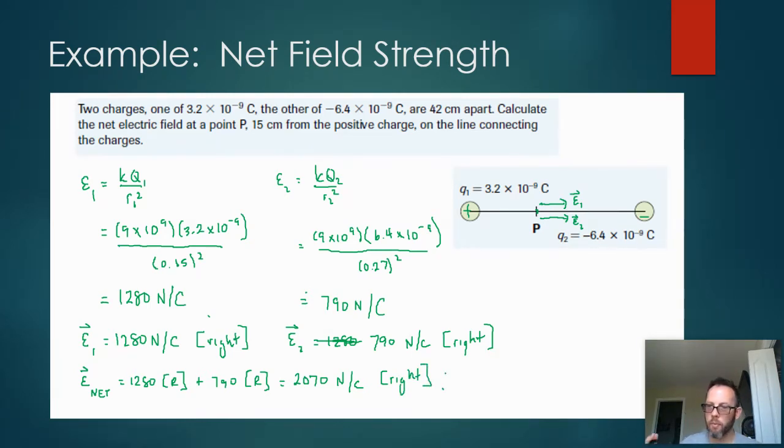So when you have multiple charges, find the field strength for each individual one and add the vectors up. In this case, the vectors were along the same line, so it's easy to add them up. If the field strength vectors are at angles to each other, then you can use the component method or trigonometry or whatever you feel comfortable with.